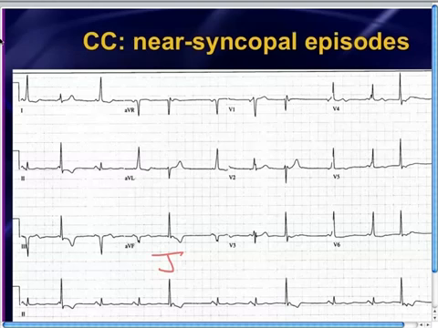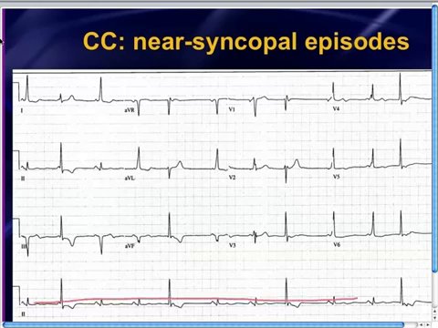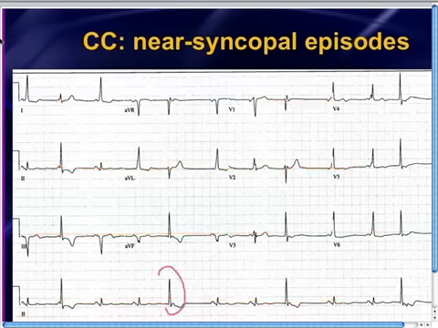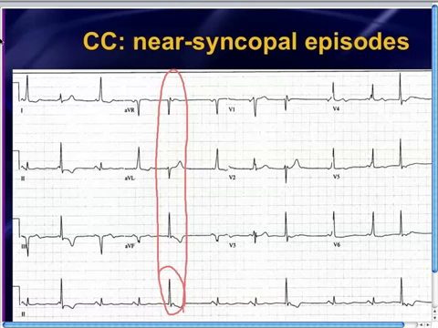Now let's go back and take another look here. The other thing I want to add is that in a 12-lead EKG with a rhythm strip, this lead is run simultaneously with this, simultaneously with this, simultaneously with this. What that means is that this complex is the same all the way up and down. So these are all junctional complexes.